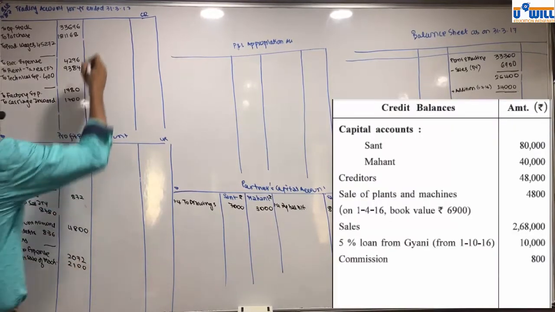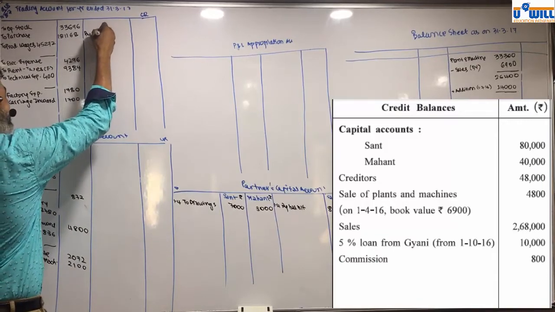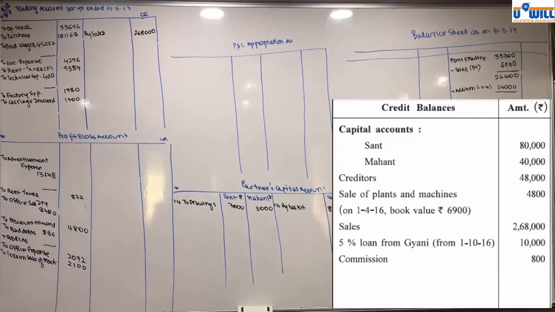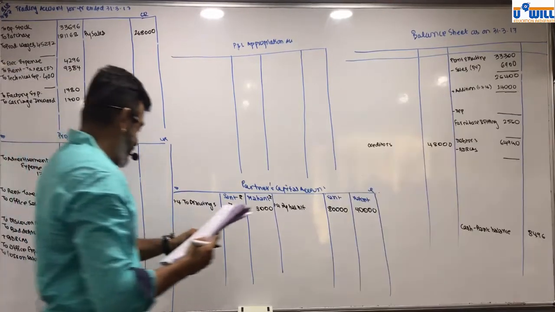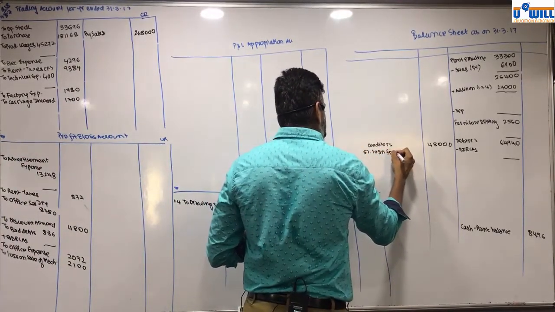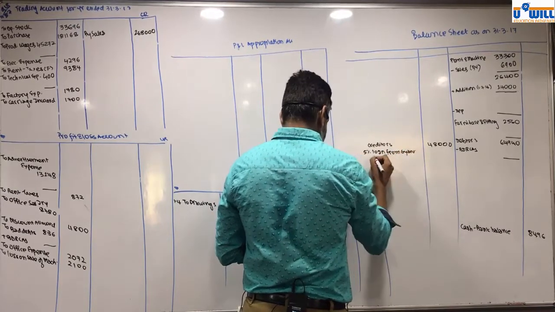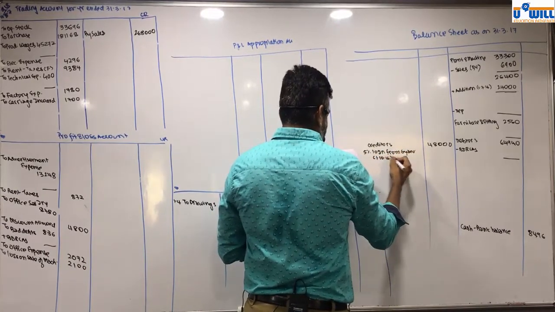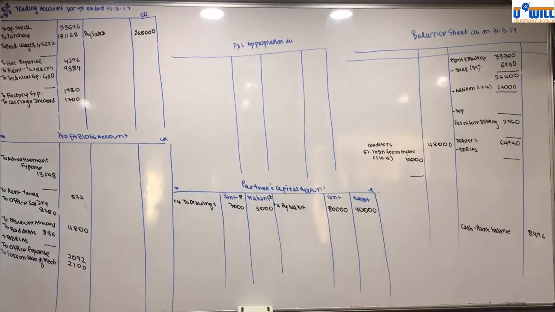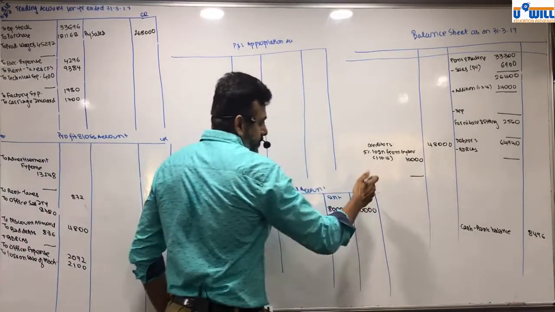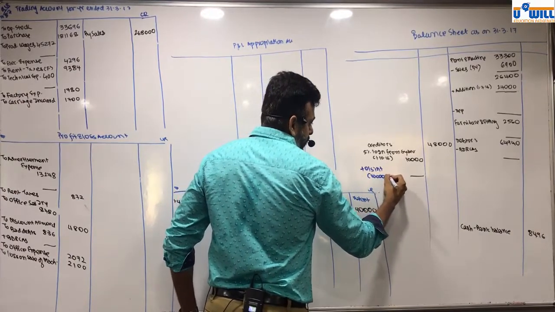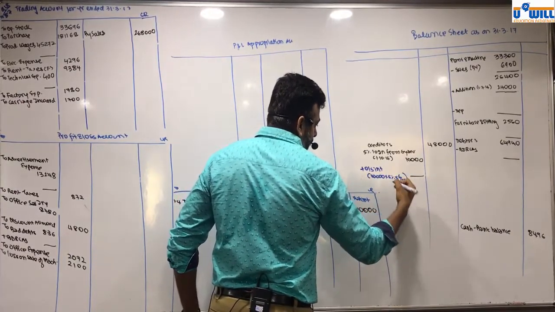Sales, by sales 2,68,000. 5% loan from Yamini, inner column. This loan was taken on 1.10, so outstanding interest on 10,000 into 5% into how many months? 6 by 12.